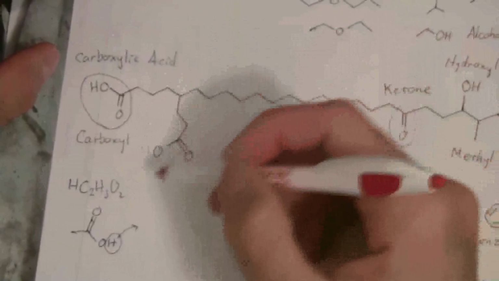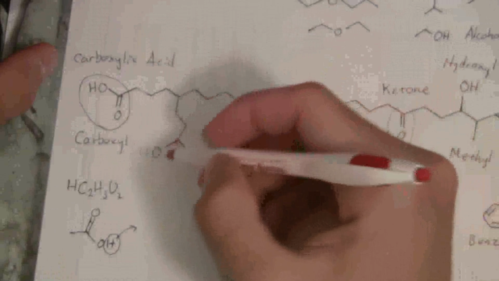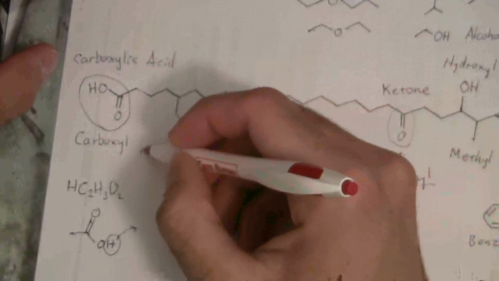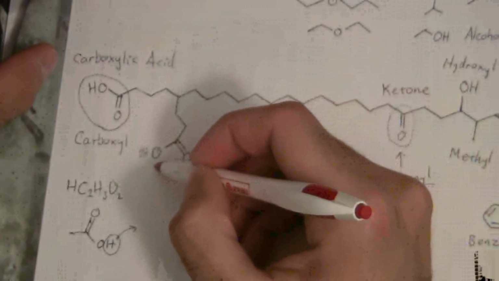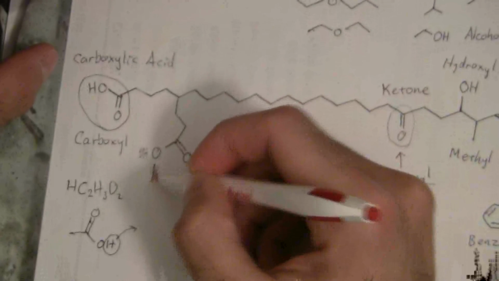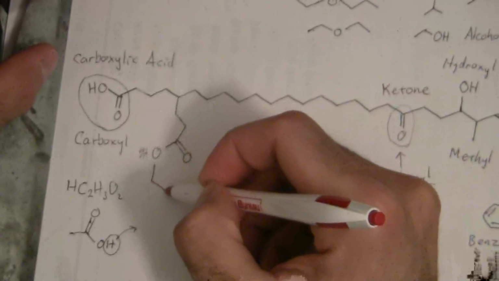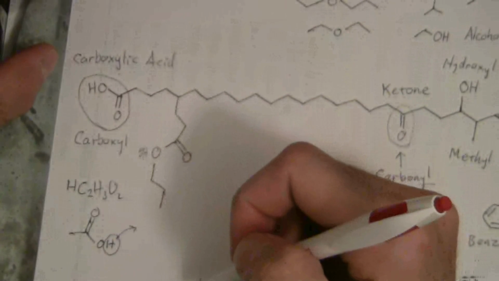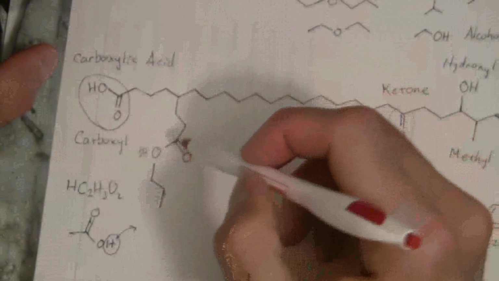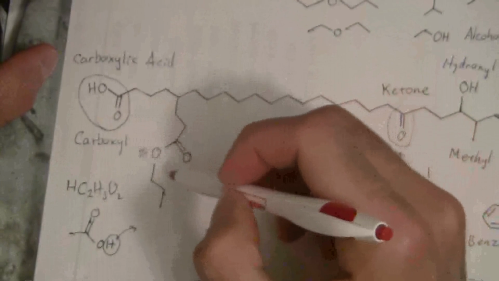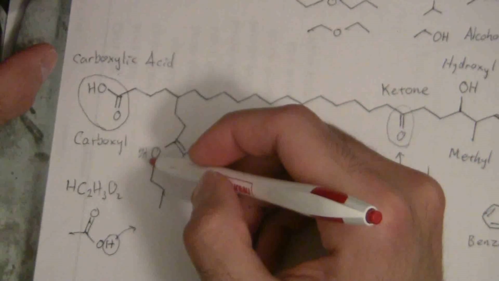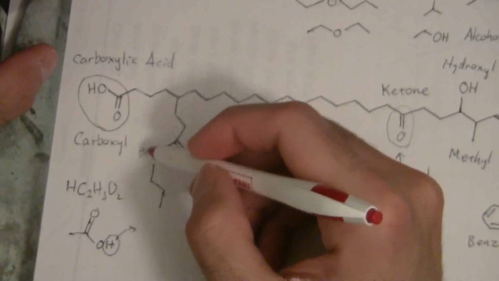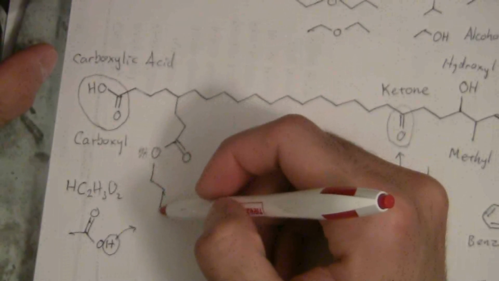So be able to recognize it in any orientation, but just for this example, I'm going to draw it like this, and instead of a hydrogen, I'm going to put a carbon chain hanging off of that oxygen. So now I have that same carboxyl group, except instead of an OH here, I have another carbon chain.